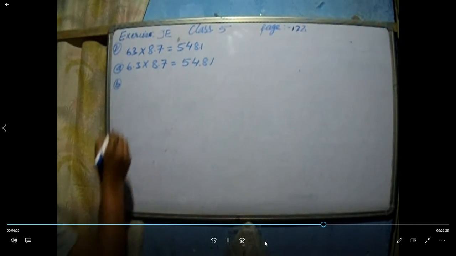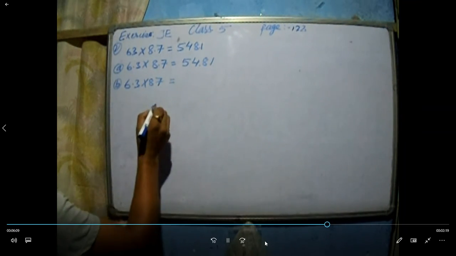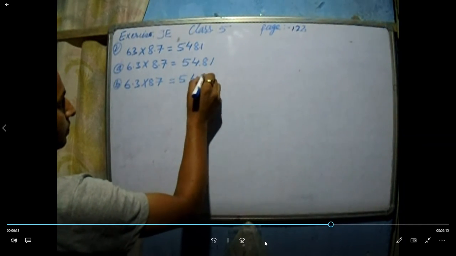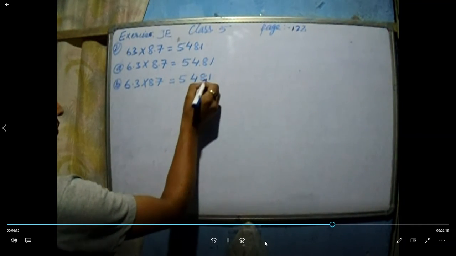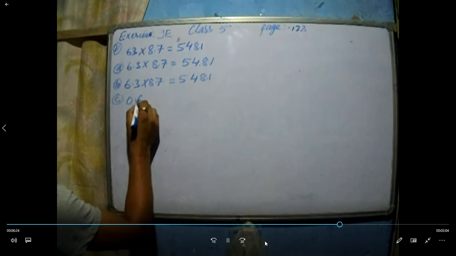Okay. Number B, 63 into 87, sorry, 6.3 into 87. So here number will come as it is. Now after decimal 1, from back 1 place. Finish. Now next one is 0.63 into 87.